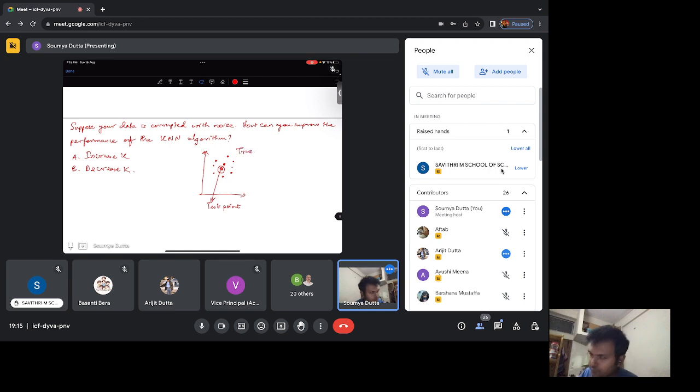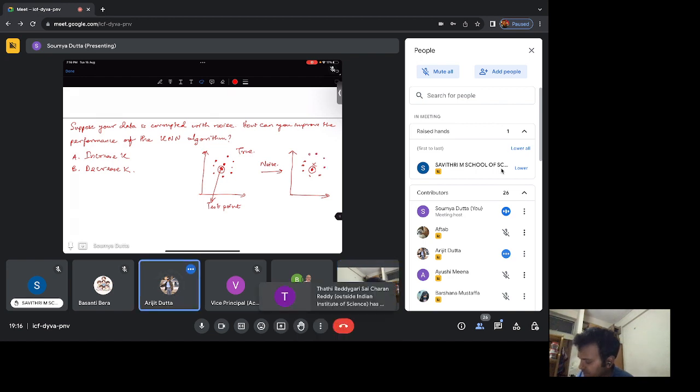You added noise to this data, and now your training points have changed in such a way that it becomes something like this. This is your test point again. Of course this won't change because this is given to you during test time, and this point has now changed to this. Rest all points remain as they are. So this point becomes of a different class, and unfortunately this is your closest point to the test point.